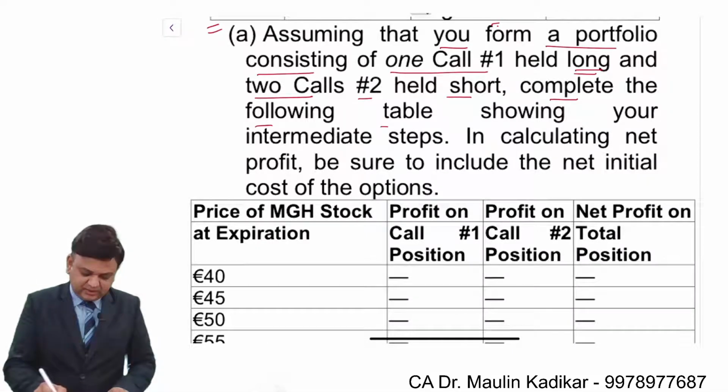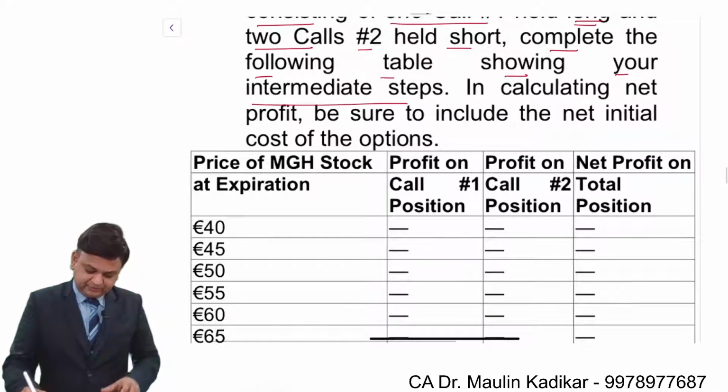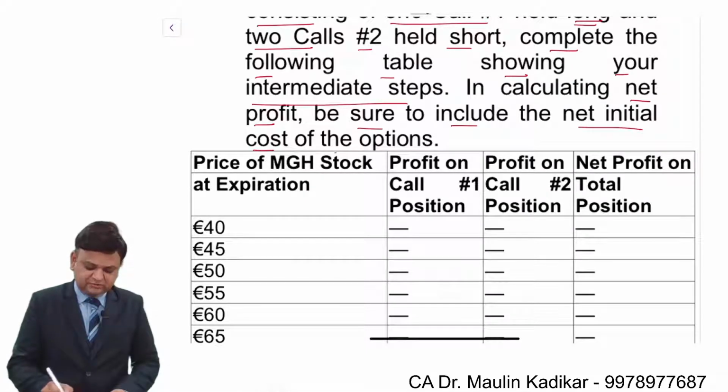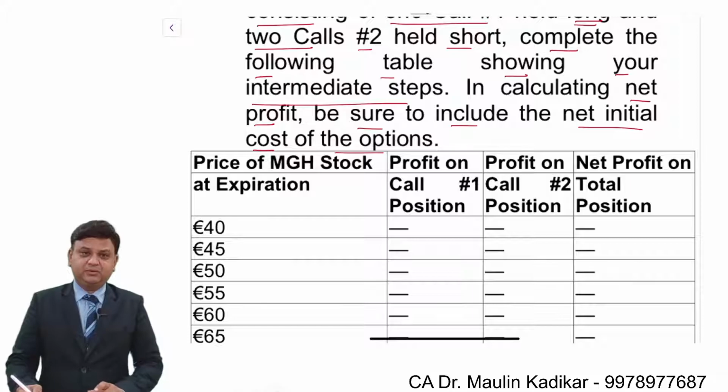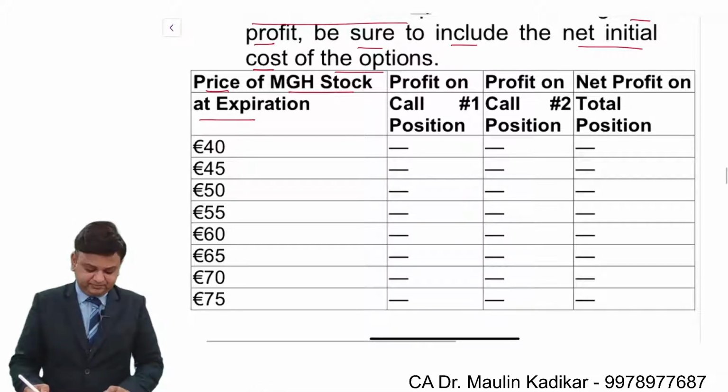Complete the following table showing your intermediate steps, means the payoff amount. In calculating the net profit, be sure to include the net initial cost of the option, means the premium amount. Price of the security on expiration is given to us.